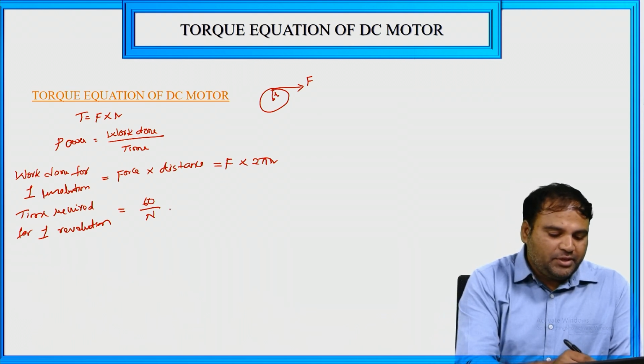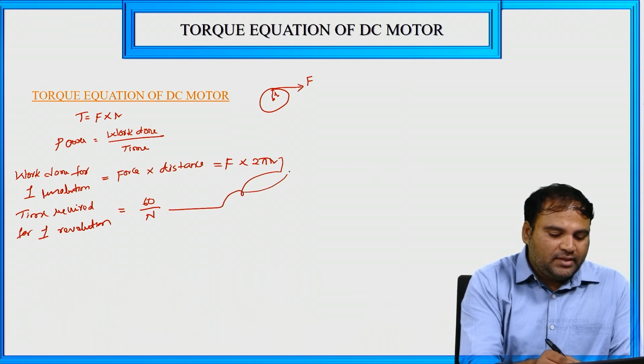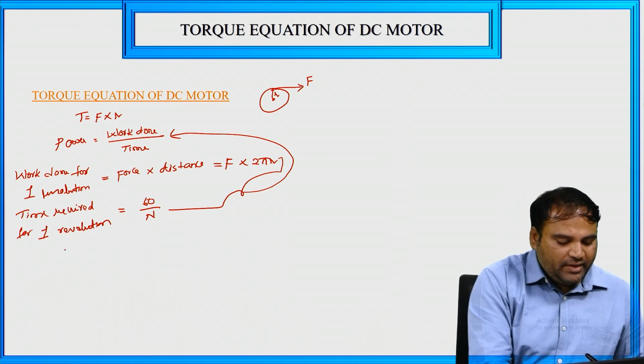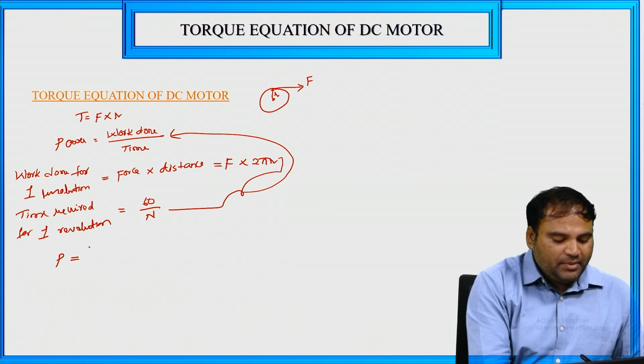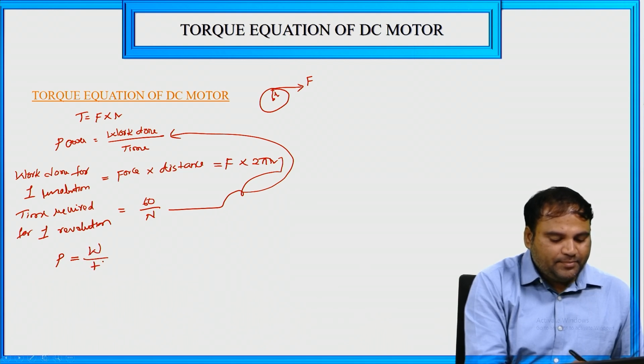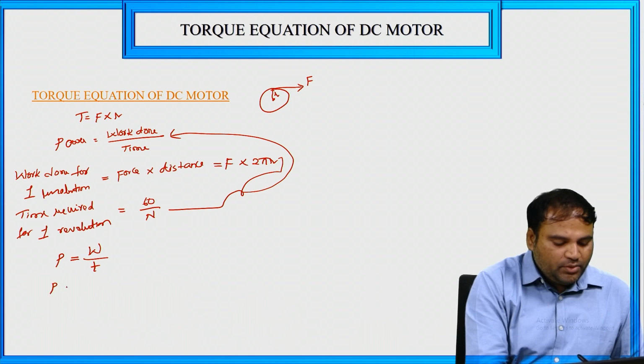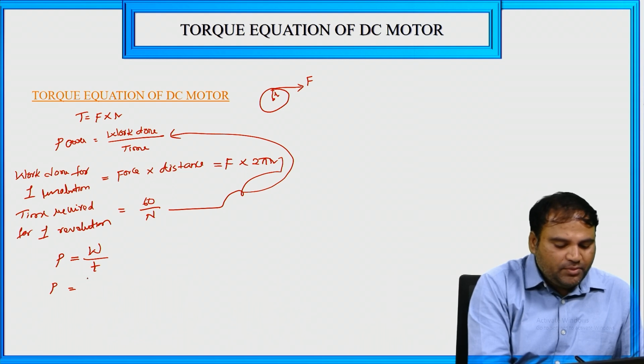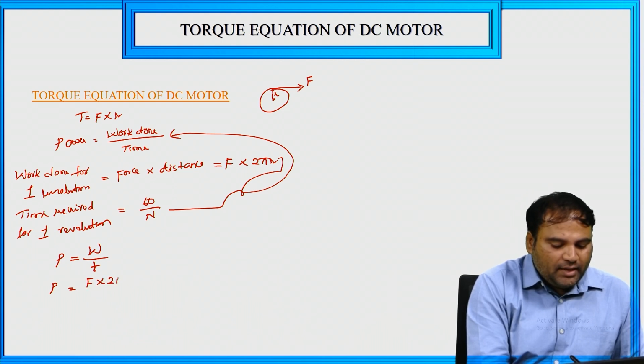Now substitute these two equations in the power equation. Power is represented as P and work done by W divided by time T. So P equal to work done for one revolution, F into 2 pi r, divided by time, 60 divided by n.